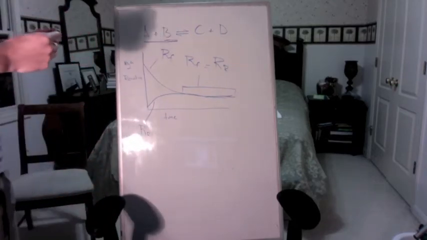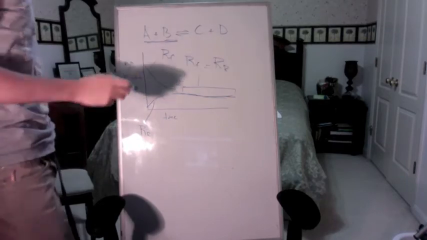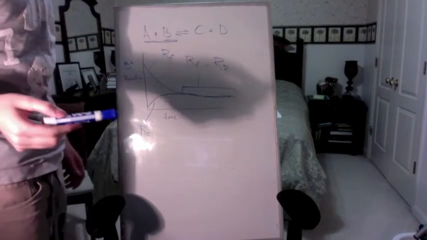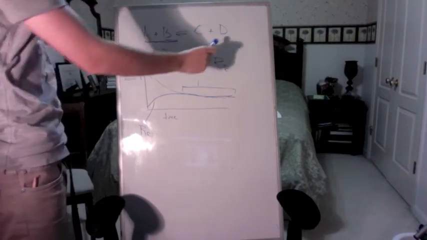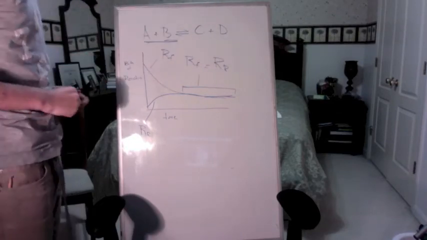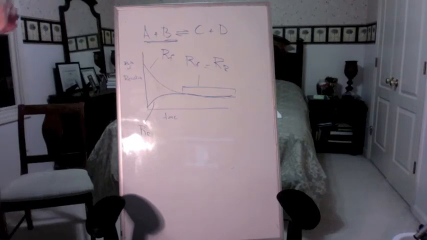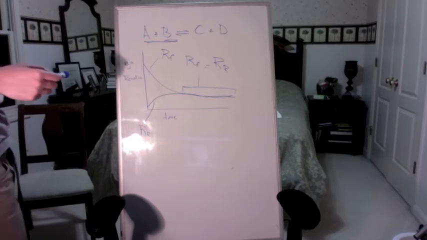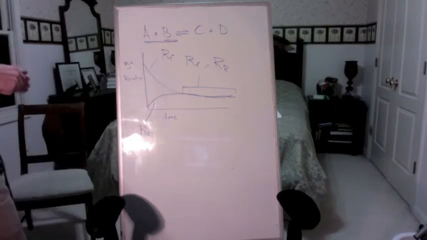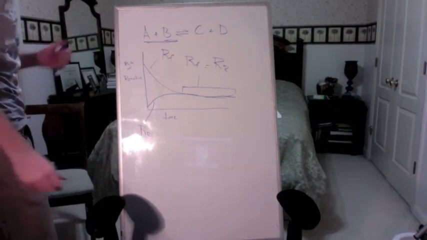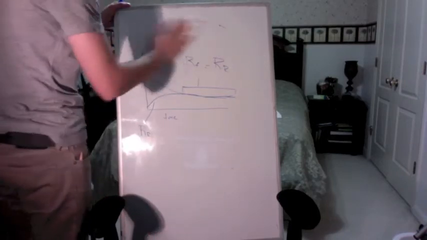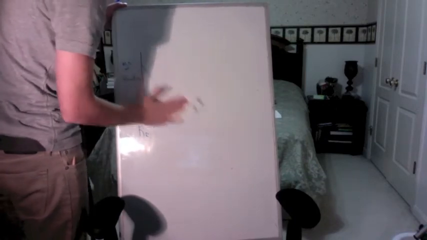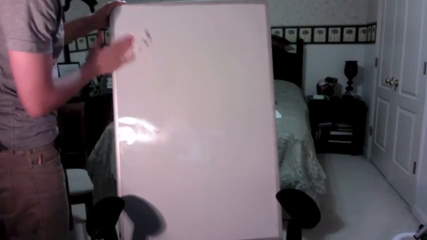What this means is that at the microscopic level, A and B are reacting to form C and D, but at the same time, C and D are reacting to form A and B. Since the rates of both of those reactions are equivalent, the concentrations of the reactants and products remain the same with time. In other words, they stop changing. The system is at equilibrium. Okay, so those are the basics, the fundamentals of equilibrium and why certain reactions are at equilibrium.